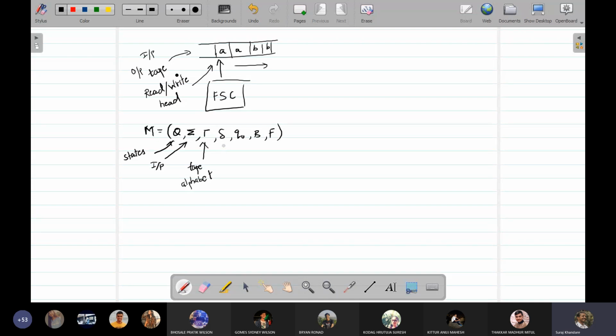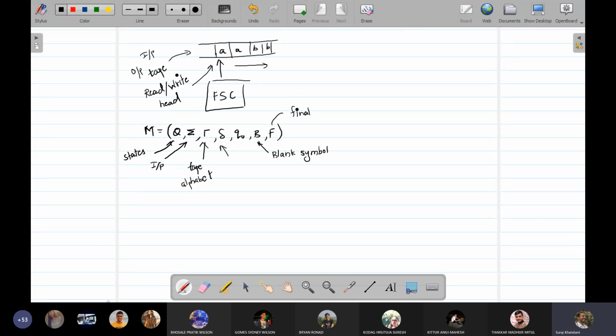Then we have the transition function. This is the start state Q0. B stands for the blank symbol. So this is important, the blank symbol. F is a finite set of final states. So this is your final state.